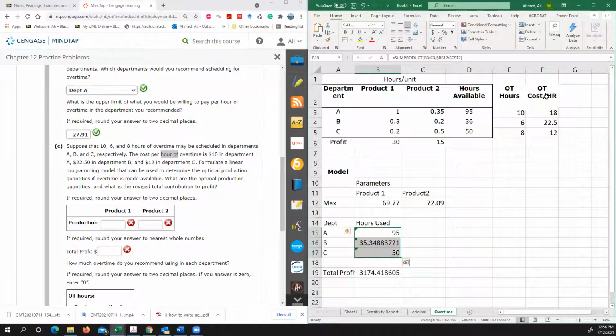All right. Once we have these two things, now we have to change this constraint problem. So we were using these hours, but now we can also use overtime hours. And what we can do here is create another row, overtime used. Why? Because here we actually did hours used. So we said this is the total hours, but we will use this much. We always do this.